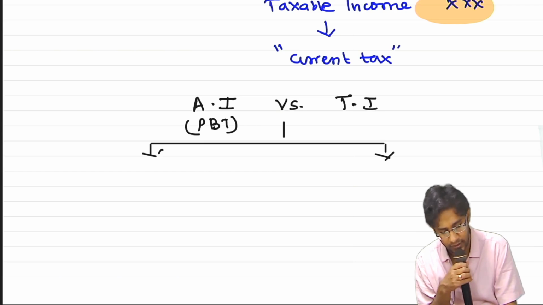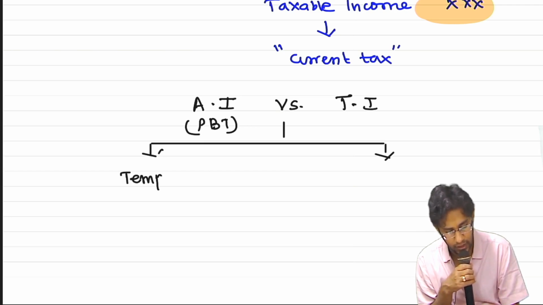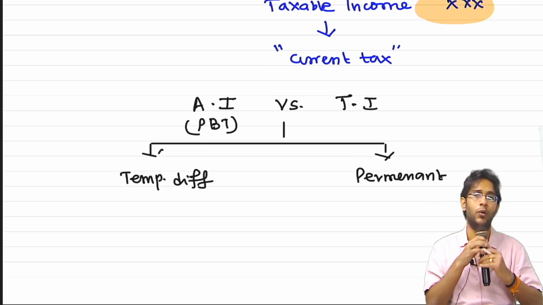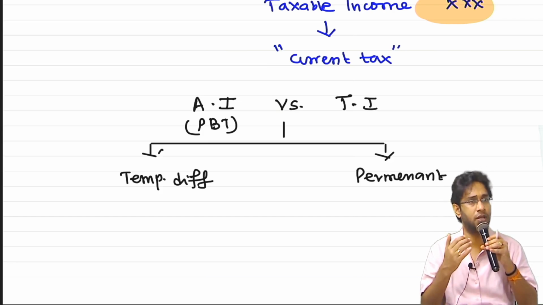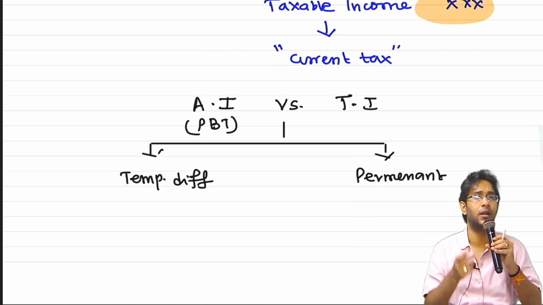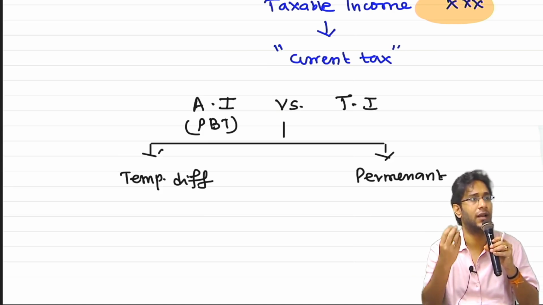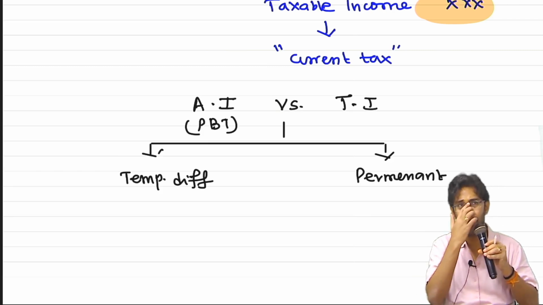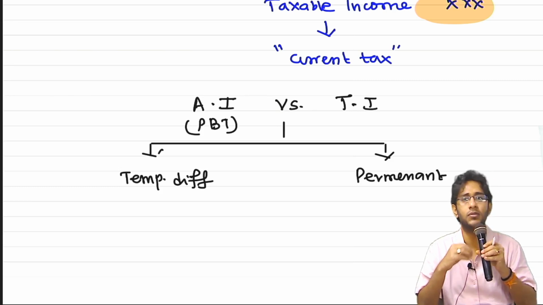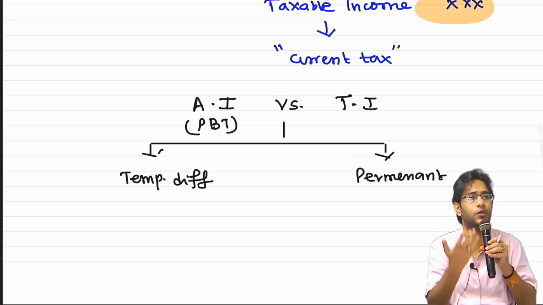The difference is identified into two reasons: temporary difference, actually the language was timing difference, but anyway, it's okay, and permanent difference. Temporary difference means today accounting income and taxable income are not the same, but whatever the reason for the difference, that reason is going to reverse at a later date. For example, my taxable income is higher in the current year because a bonus is disallowed, because the bonus is not paid.